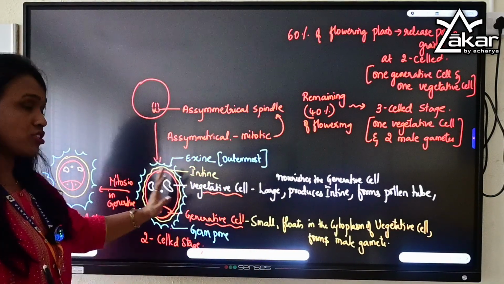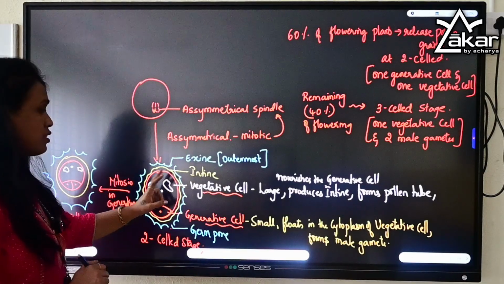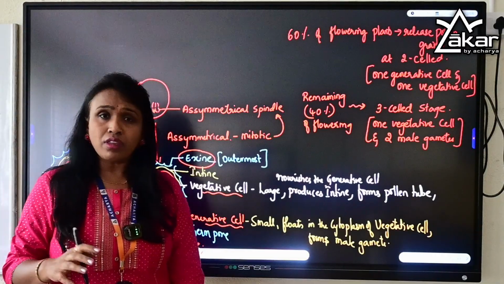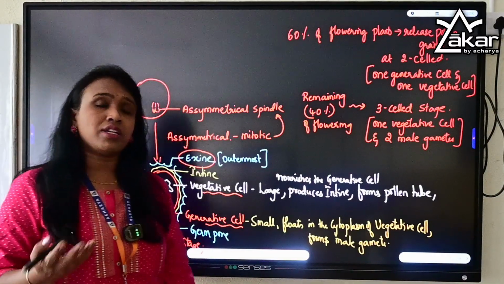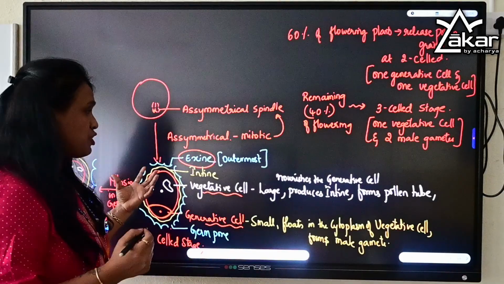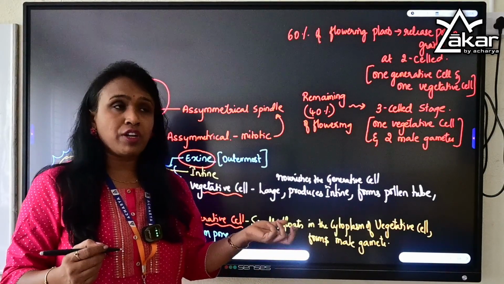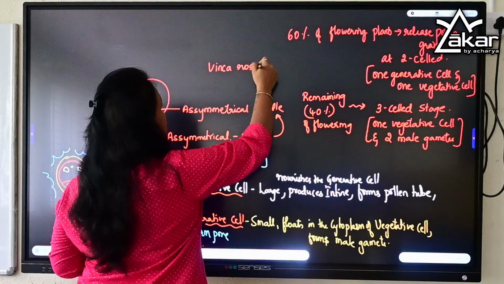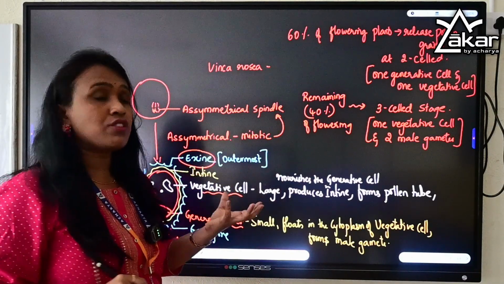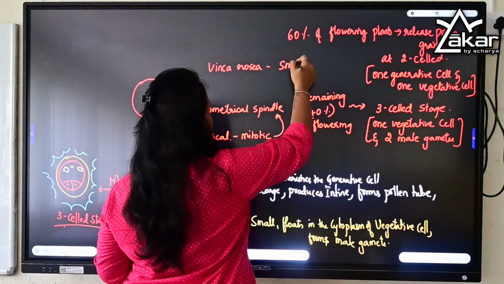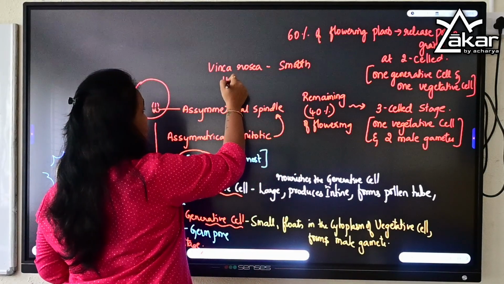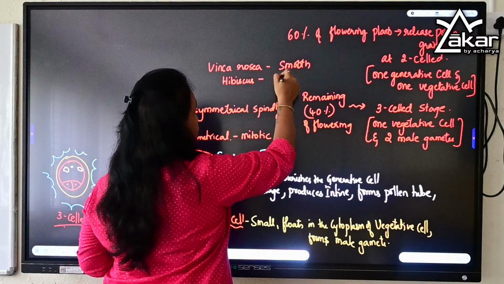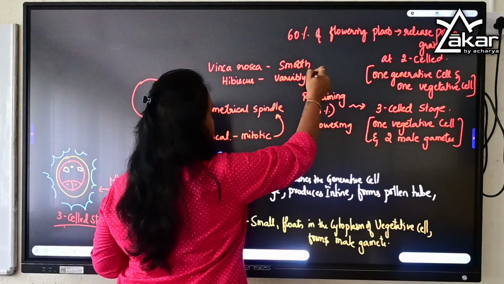So this is the structure of the pollen grain, and as we see, the exine is highly sculptured, or we can say ornamental, and each species has its own type of pollen grains. For example, in Vinca rosea, the texture of the surface of the pollen grain is smooth, whereas in Hibiscus rosa-sinensis it is variably sculptured.